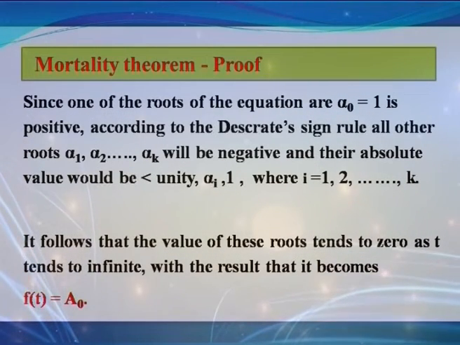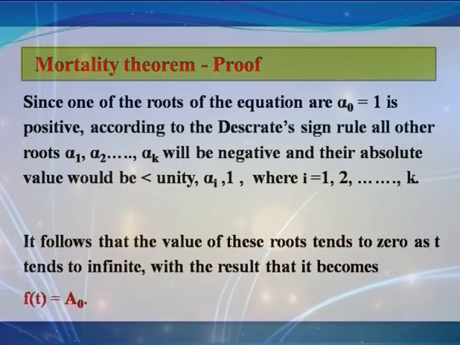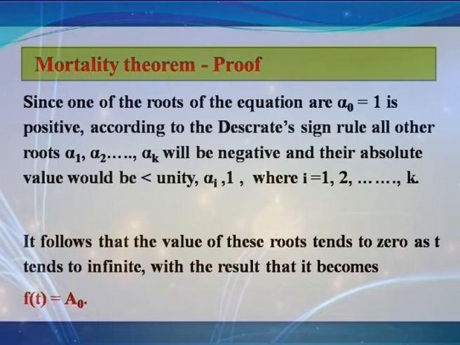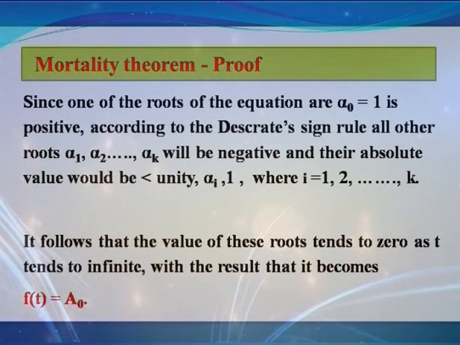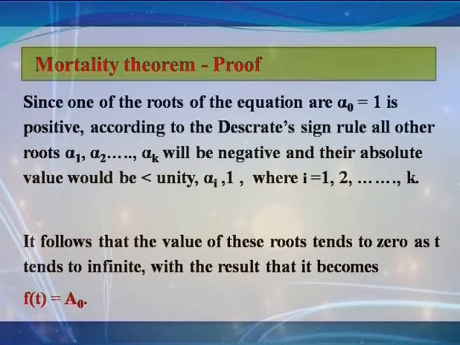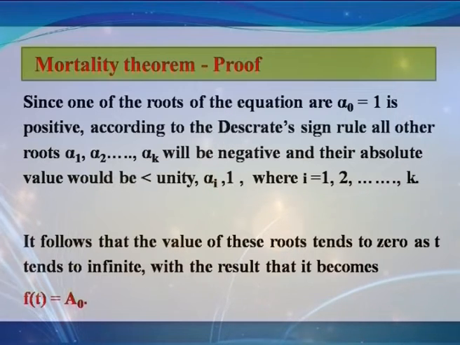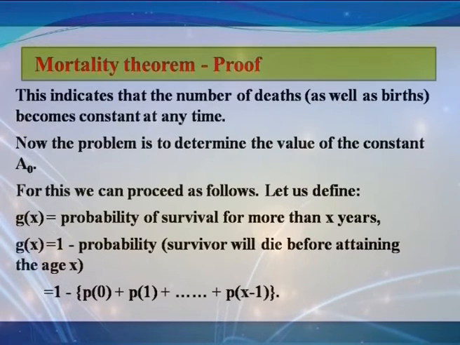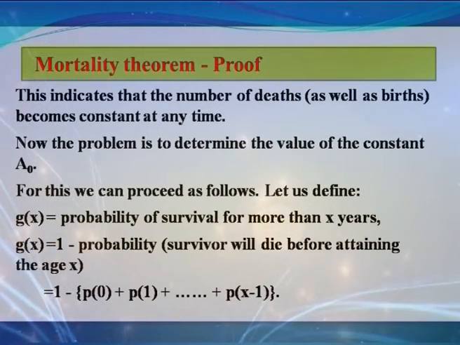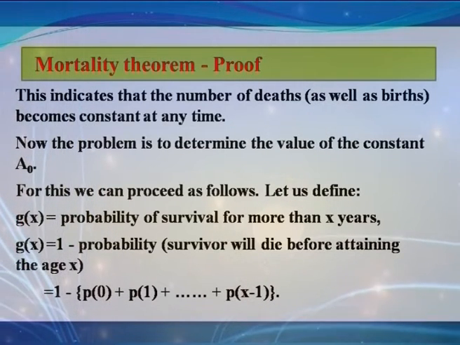That is, absolute value of alpha i is less than 1, where i is equal to 1, 2, up to k. It follows that the value of these roots tends to 0 as t tends to infinity, with the result that f(t) is equal to a naught. This indicates that the number of deaths as well as births becomes constant at any time.